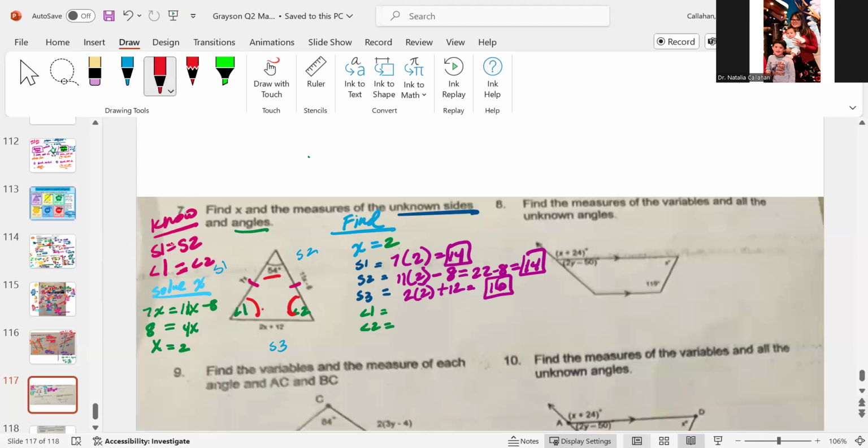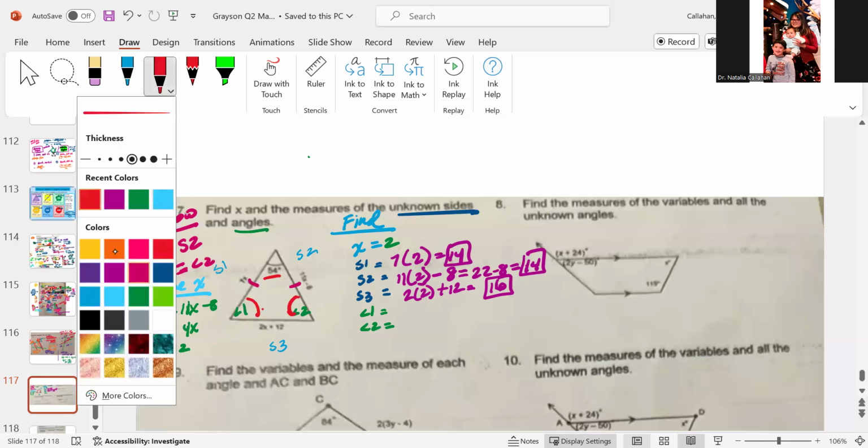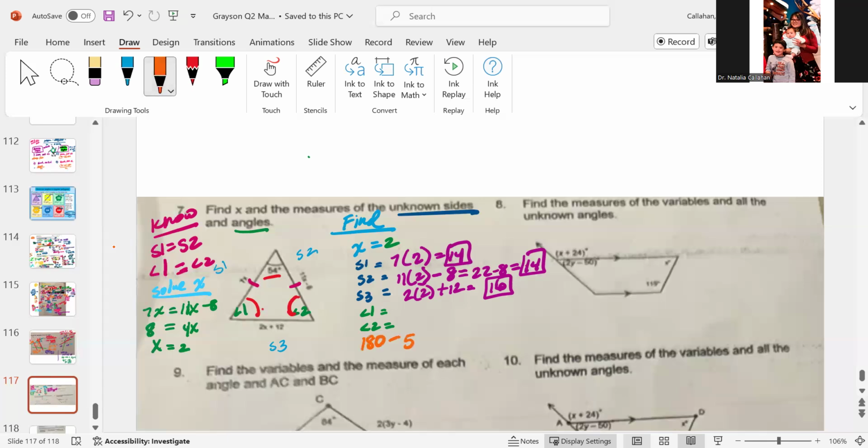Yeah. Okay. So then you know the 3 angles in a triangle add up to what? 180. So then what I'm going to do is take 180 minus 54, which will give me the sum of angle 1 and 2, right?